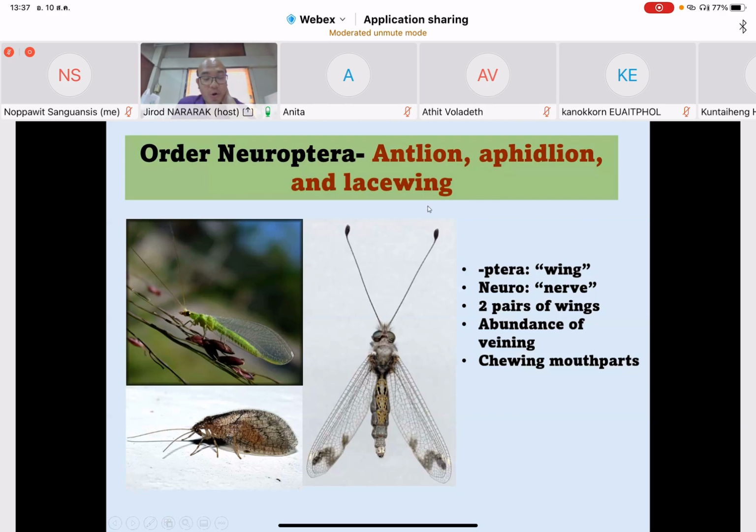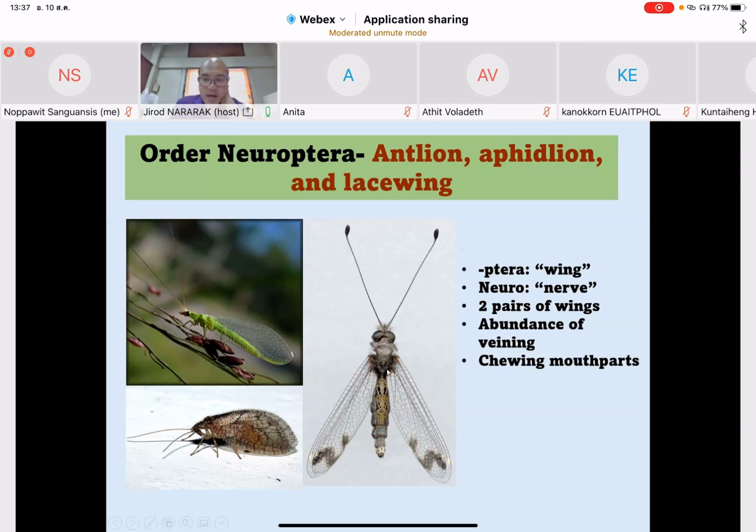I told you that in Odonata the antennae are setaceous, but in Neuroptera you can see they have long antennae. I'm not sure what they call this type of antenna. Yeah, so you can use the antenna to separate Neuroptera and Odonata.